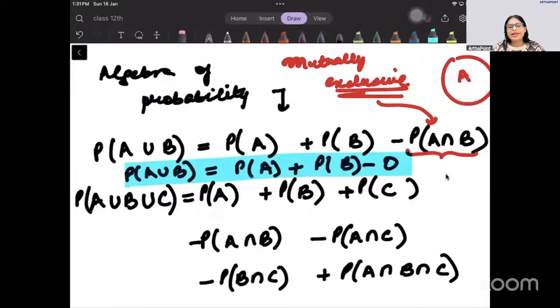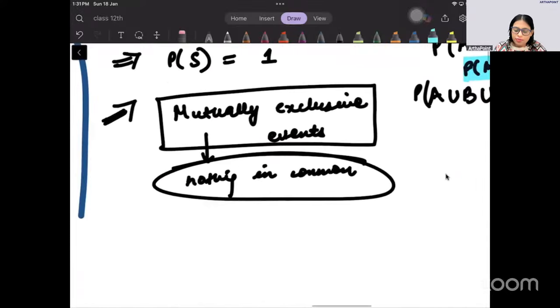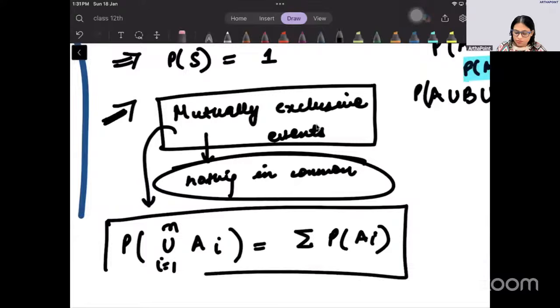So I'll simply get A plus B. So we can say that when our events are mutually exclusive, the probability of the union is nothing but the sum of the probabilities. Is it clear? Any doubt in this? Anyone?